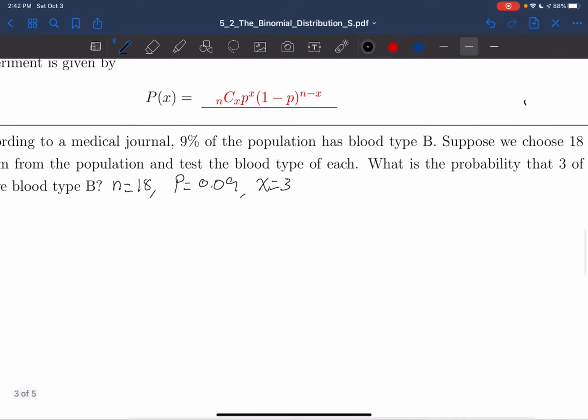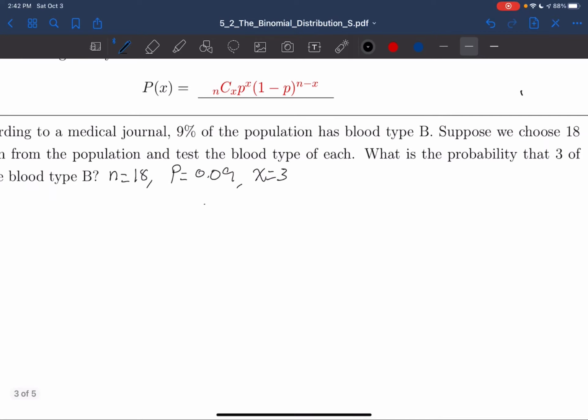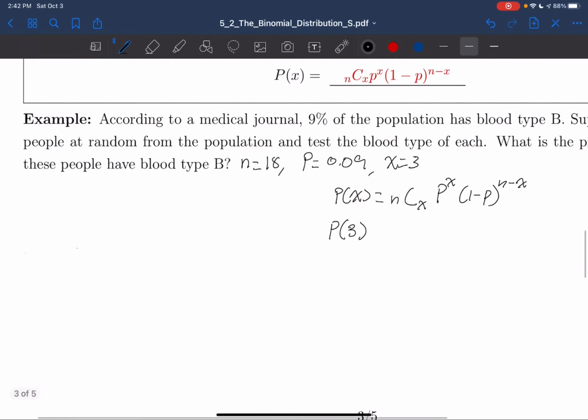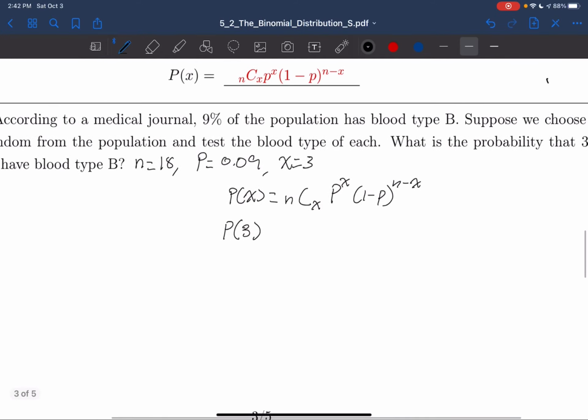Let me write down the formula again: P of x is equal to n choose x, p to the power of x, 1 minus p to the power of n minus x. Here x is 3.